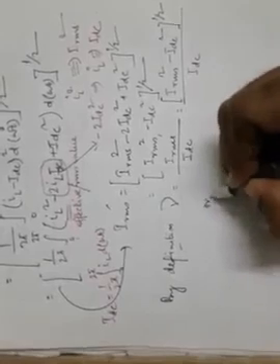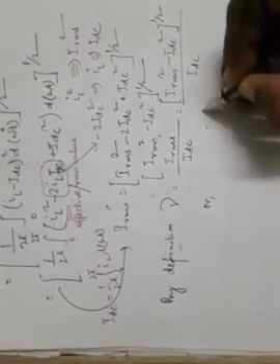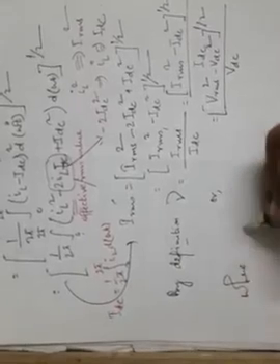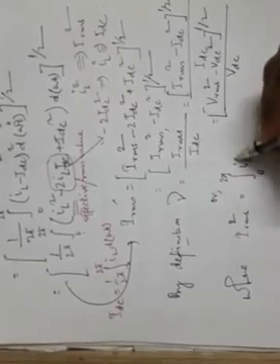Or alternately, in terms of voltage, we can write VRMS square minus VDC square whole to the power half divided by VDC, where IRMS square is 1 by 2 pi integration 0 to 2 pi IL square d omega t.